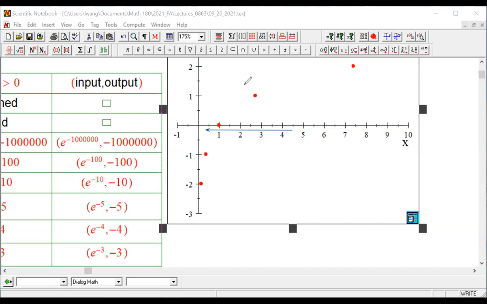Okay, so let me mark those points. When you do this, you are being mindful. 1 over e. Okay, forgive me. So this is 1 over e, this point. And that point, 1 over e squared.